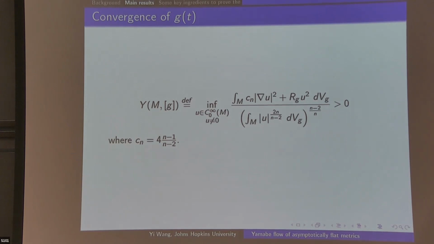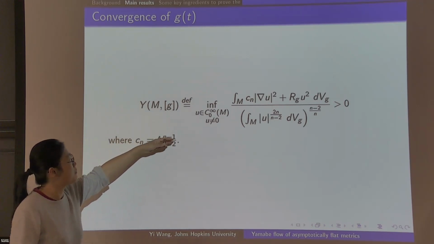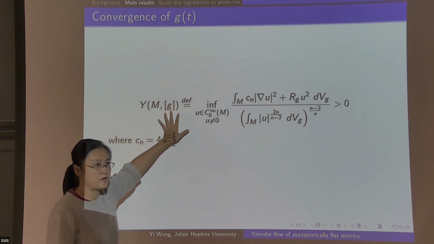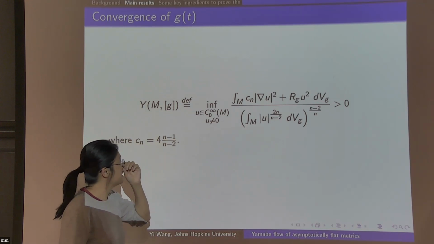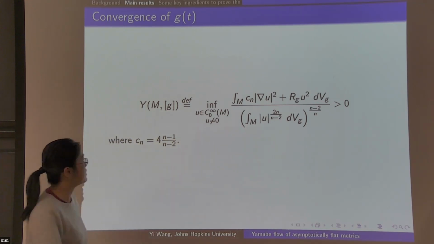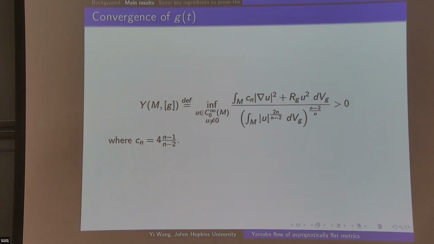Okay, so what is this Yamabe constant that I imposed as a condition? The Yamabe constant is defined in the following way in this non-compact setting. A lot of people are very familiar with the Yamabe constant in the compact setting, but here we have a non-compact manifold, and we need to define it with a slightly subtle choice of function.